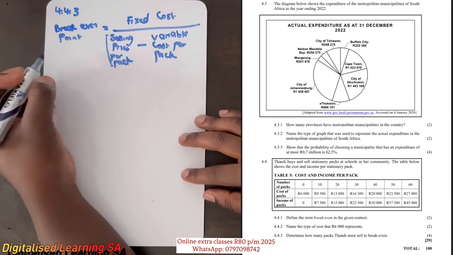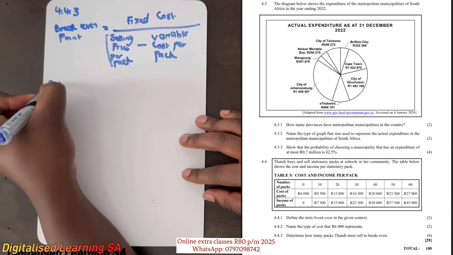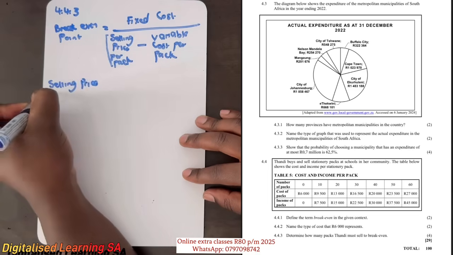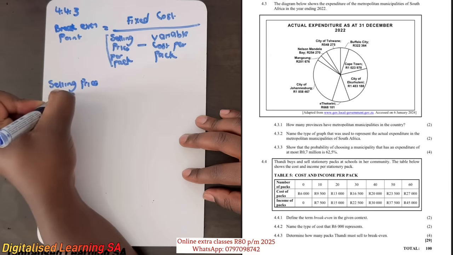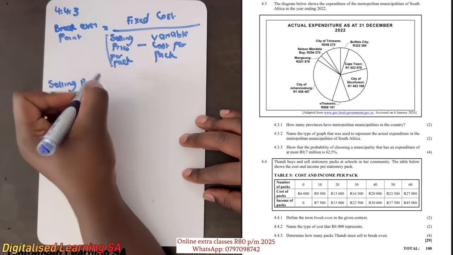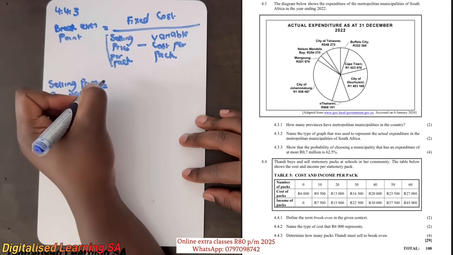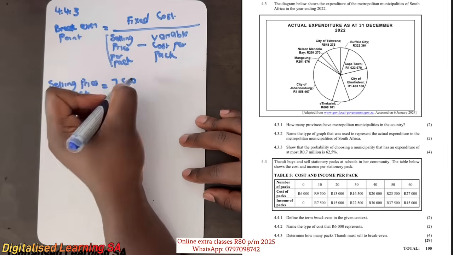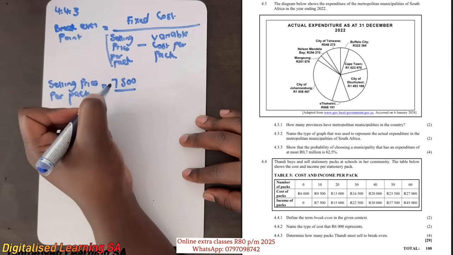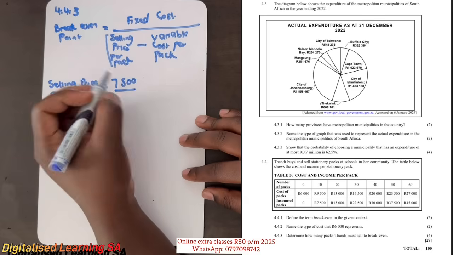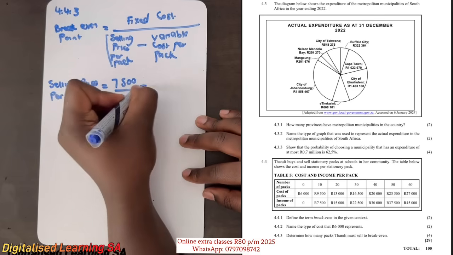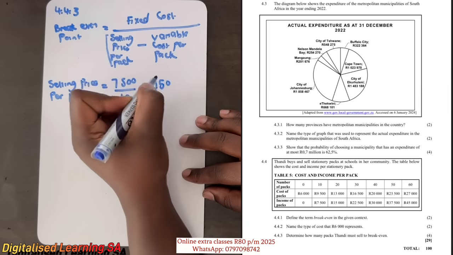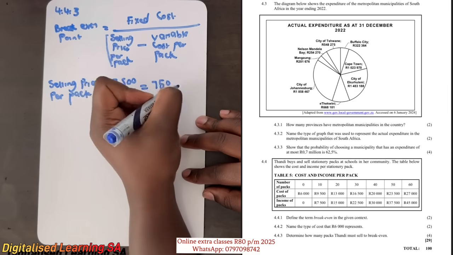So to find the selling price per pack, we say 7,500, which is the income of packs, divided by how many packs we produced, 10, and our answer will be 750 per pack.